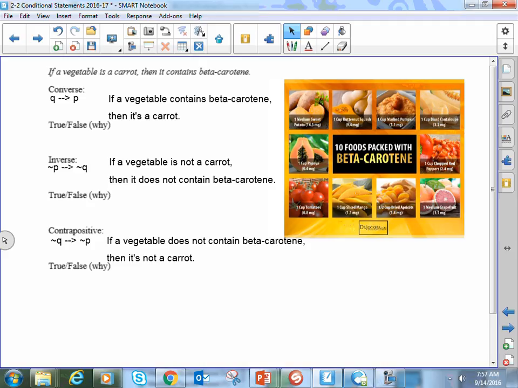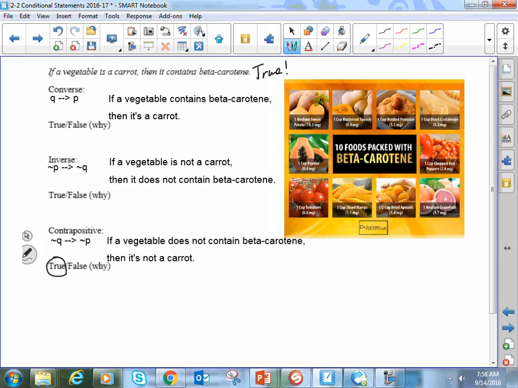Middle row is papaya, red peppers, and then the bottom row gives us tomatoes, mangoes, apricots, and grapefruit. Now I know not all of those are vegetables, but we definitely have vegetables besides carrots that contain beta carotene. So the original statement is true. So that means the contrapositive must be true also.